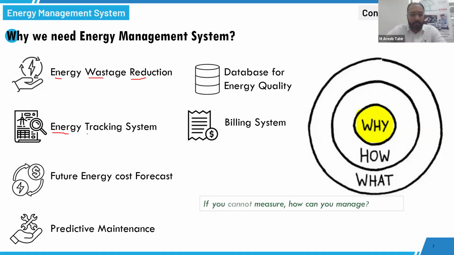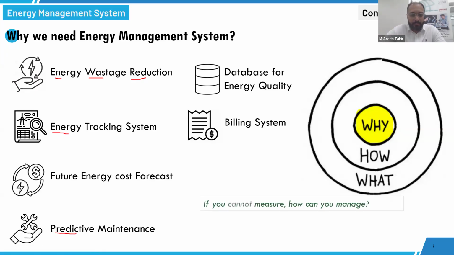Energy tracking is possible. You can use this EMS system for budget forecast. If you have a certain number of production, you can forecast how much energy is going to be used and what the cost of that energy will be. So you have a forecast in advance.